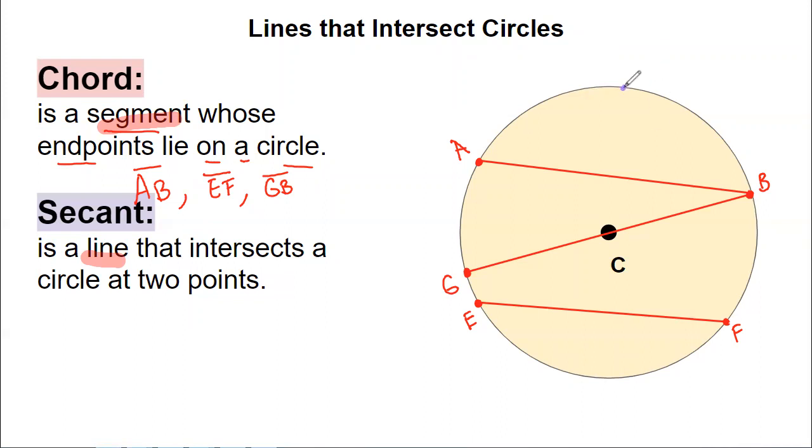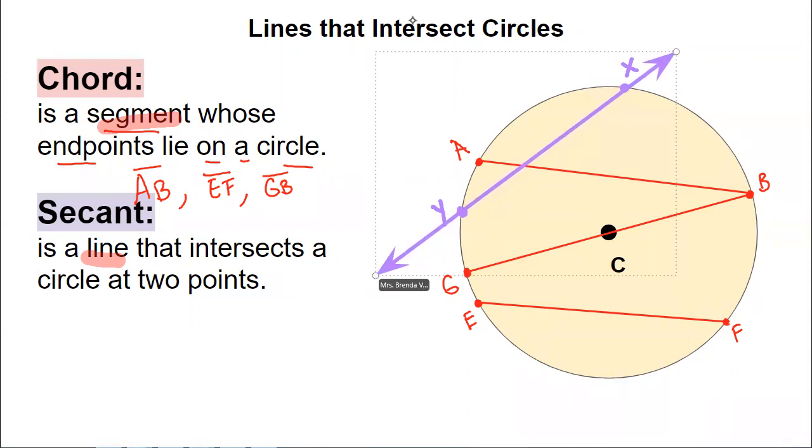So I'm going to construct my line here. And then my line, go ahead and make it over here. Let me label these, for example, let's say X and Y. So here's X, here's Y. But this time it has to be a line that passes through these two points.